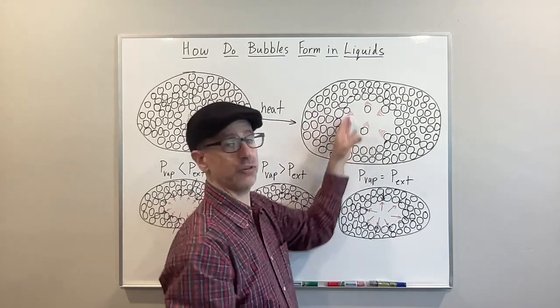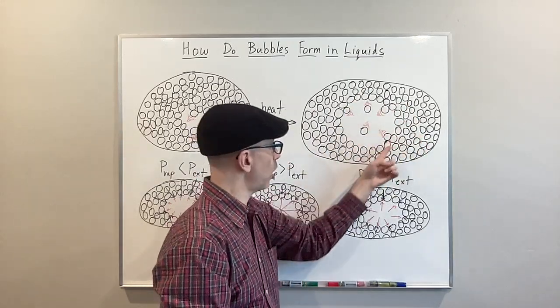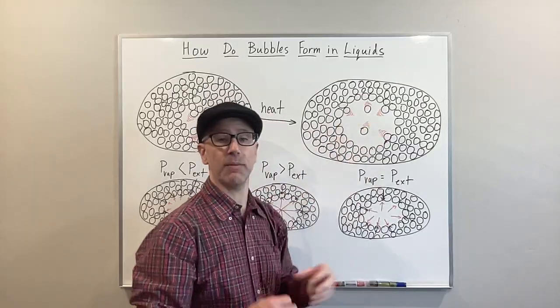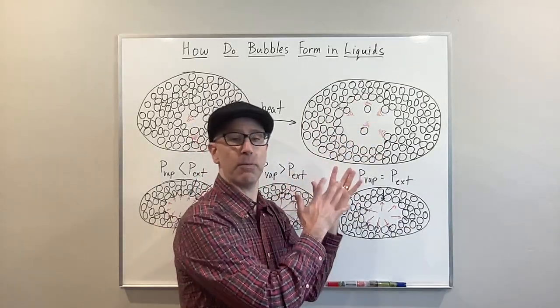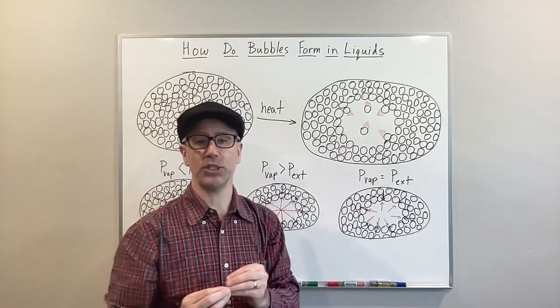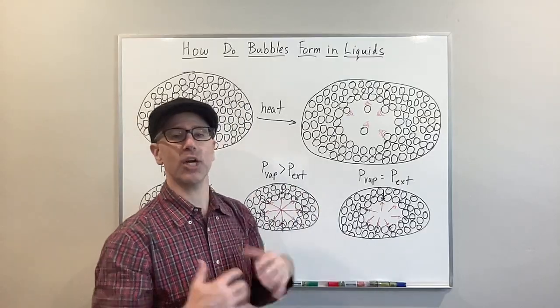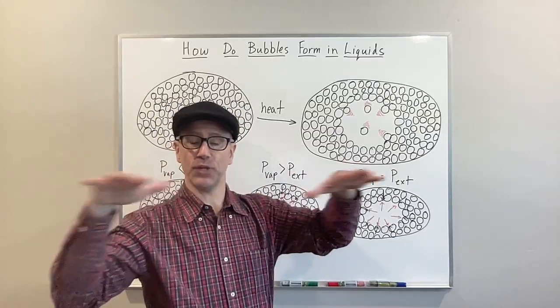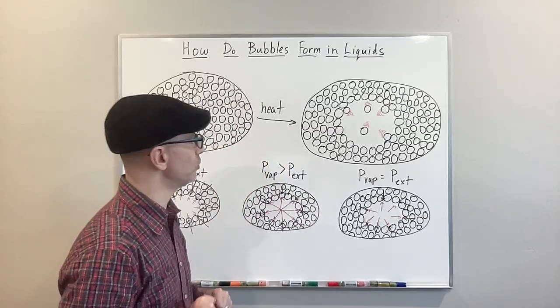Some water molecules can be reabsorbed into the liquid phase. Some of the water molecules on the surface can then break free if they have enough energy and become vapor. So you've got this condensation process and this evaporation process happening at the same time inside the bubble, just like you had at the surface of the liquid in my glass that I was just showing you.